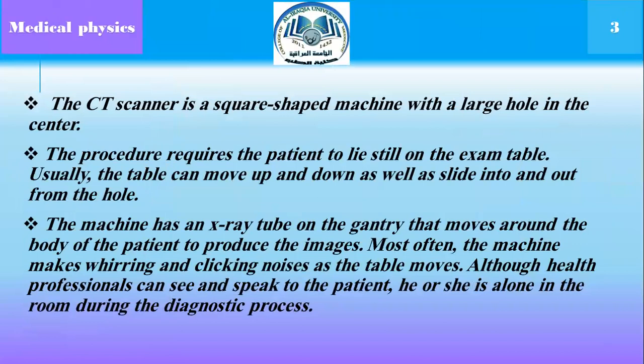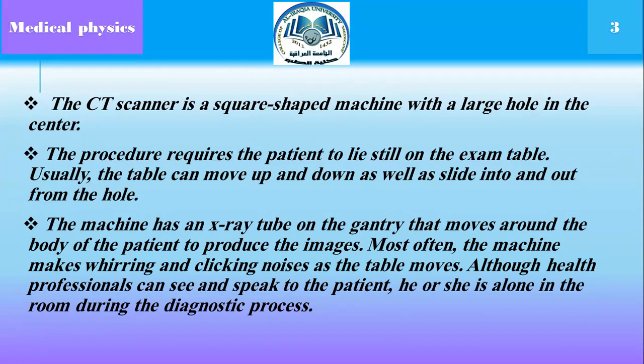is a square shaped machine with a large hole in the center. The procedure requires the patient to lie still on the exam table. Usually the table can move up and down as well as slide into and out from the hole. The machine has an X-ray tube on the gantry, moves around the body of the patient to produce the image.